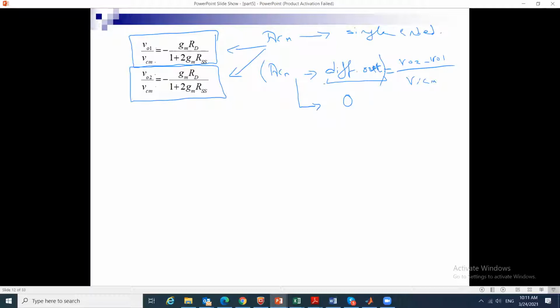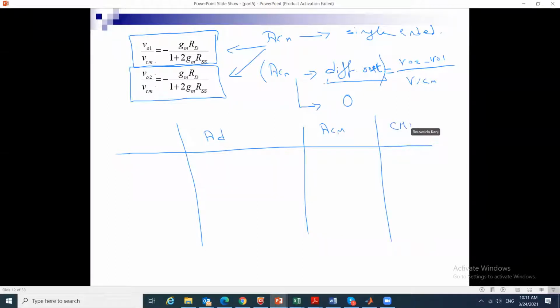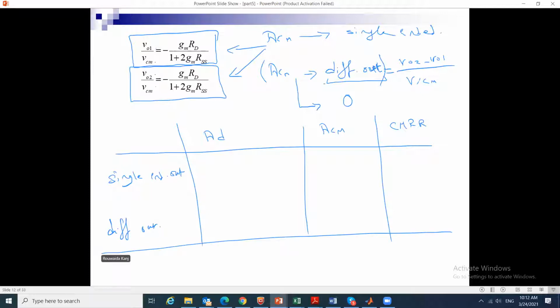Great. Now if we want to look at the full circuit, we agreed that I will have AD and I will have ACM and therefore I will have the CMRR, and here I can have the single-ended output and I can have the differential output. In this scenario we said the single-ended output is plus or minus half GMRD.